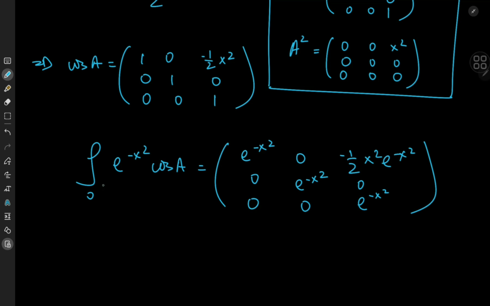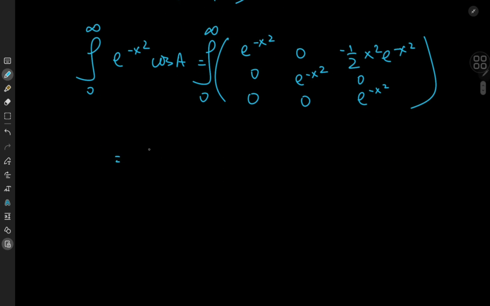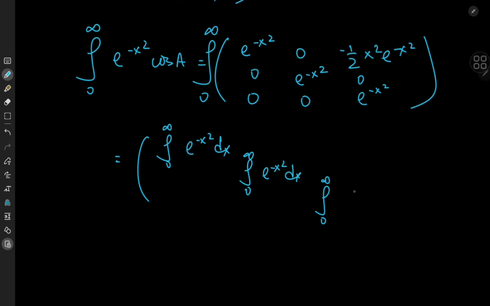Okay, and now to integrate this thing from 0 to infinity. Integrating a matrix function amounts to integrating the individual entries. So that means we have the integral 0 to infinity e to the negative x squared dx, and exactly the same integrals all along the principal diagonal. We have zeros here, here, here, and here, and there.